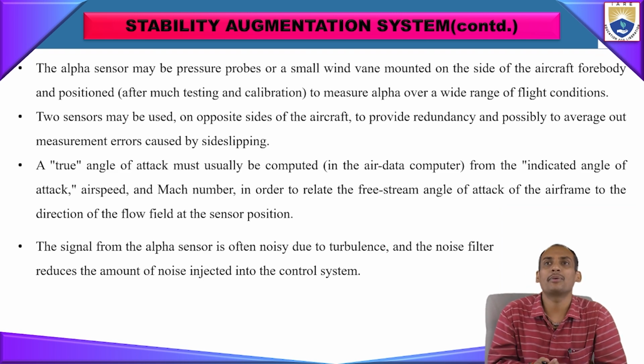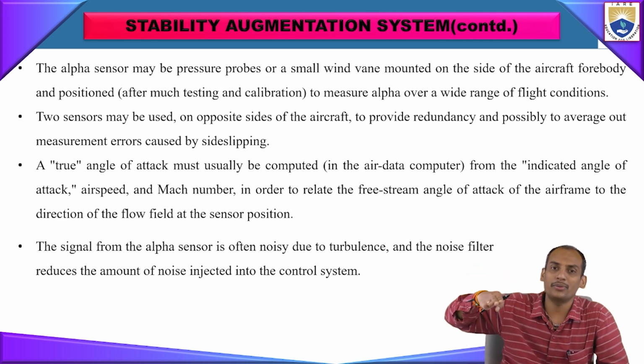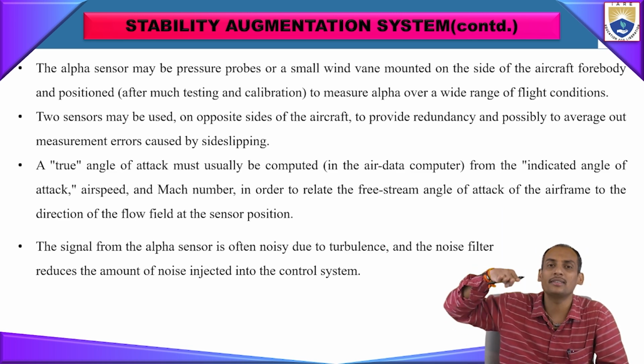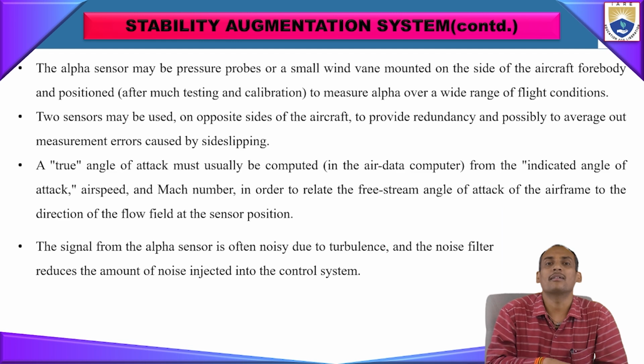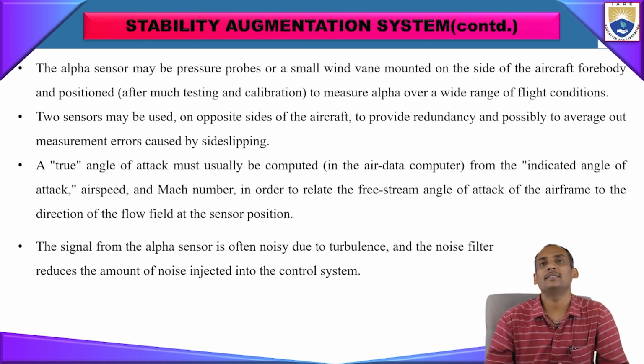So it acts like a pressure probe on the aircraft body, positioned to measure alpha over a wide range of conditions, so that it measures the total flight orientation with respect to the flow condition, and it measures that position very accurately. These two sensors are used on opposite sides of the aircraft to provide redundancy and the possibility to average out measurement errors caused by side slipping.